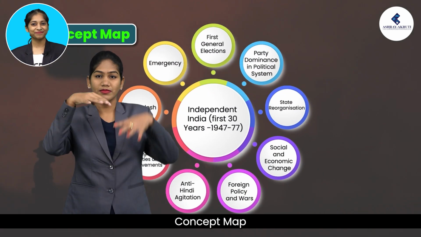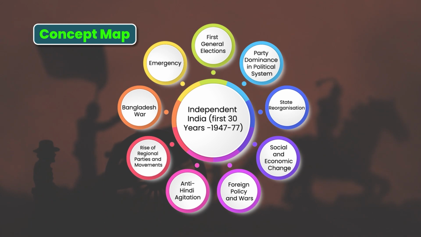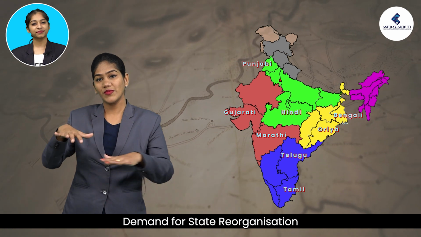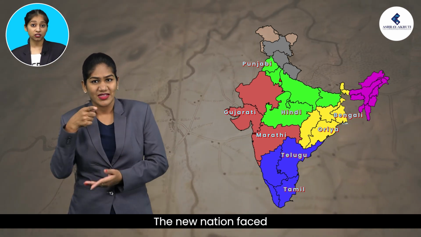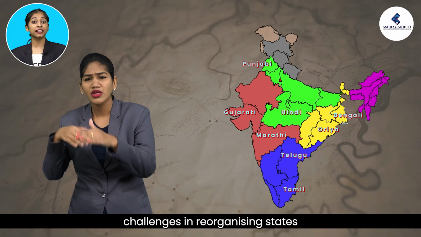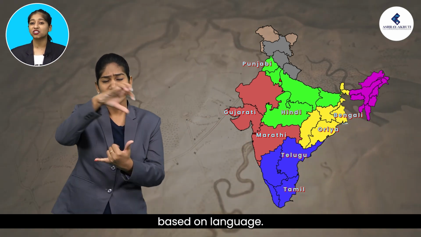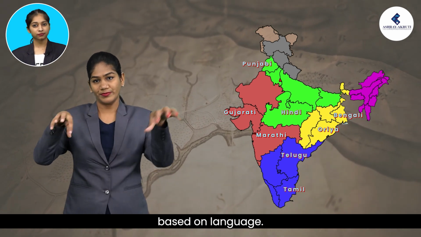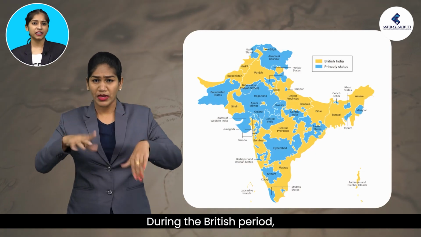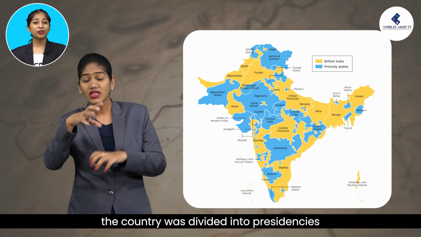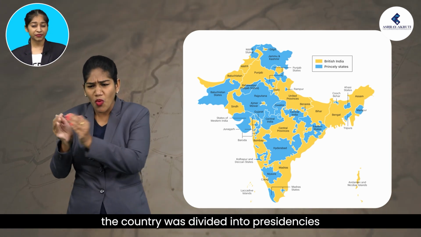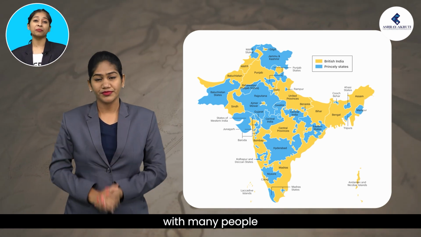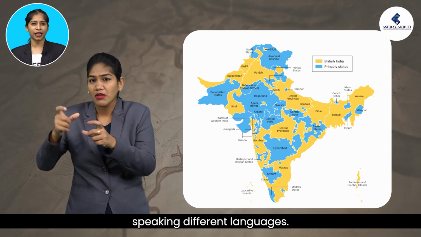Concept map. Demand for state reorganization. The new nation faced challenges in reorganizing states based on language. During the British period, the country was divided into presidencies and large states with many people speaking different languages.